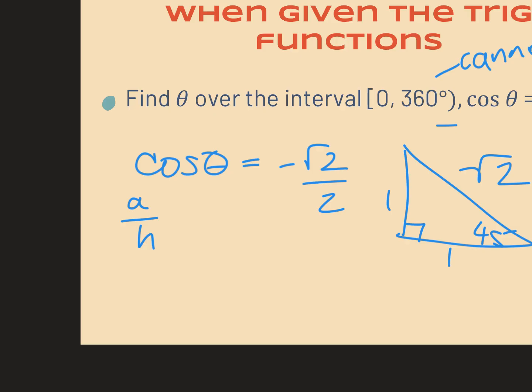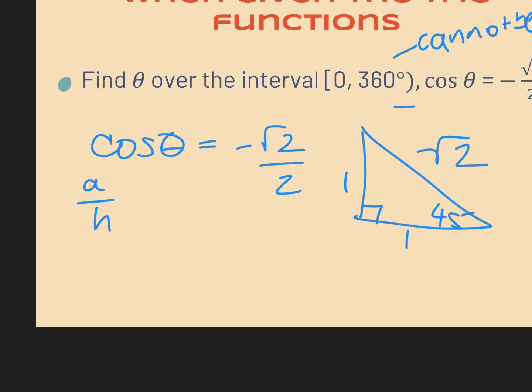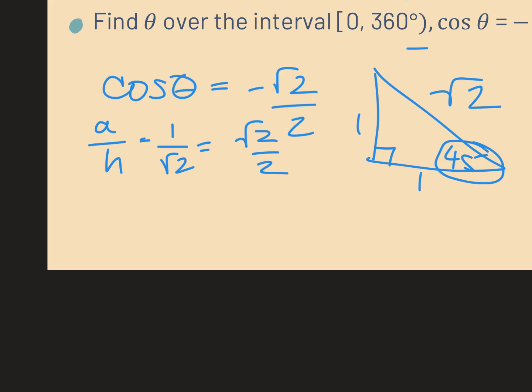So think about this, guys. Here's my 45. What's the adjacent side? 1 over the hypotenuse, which when we rationalize it becomes square root of 2 over 2. Do you see why if you have a square root of 2 in your answer, it's always going to be a 45, 45, 90? Now you guys are like, well, what does that mean? Well, we're going to go backwards, guys.